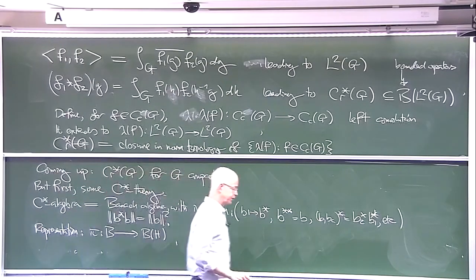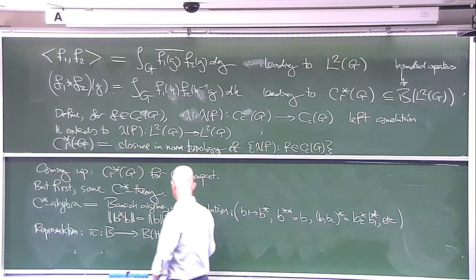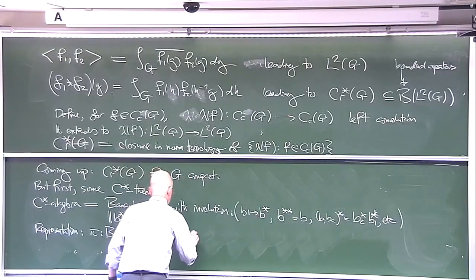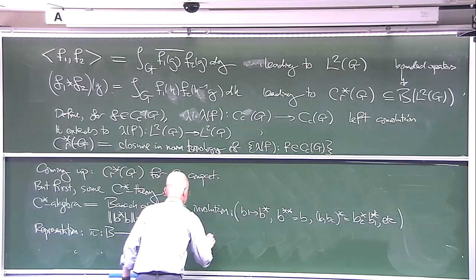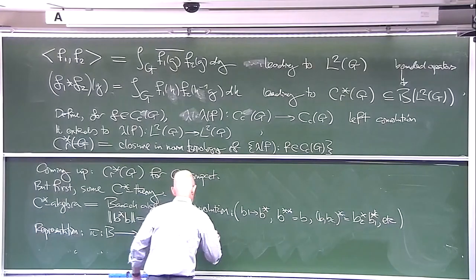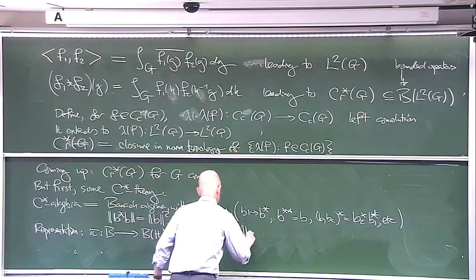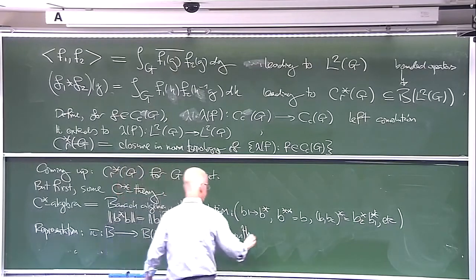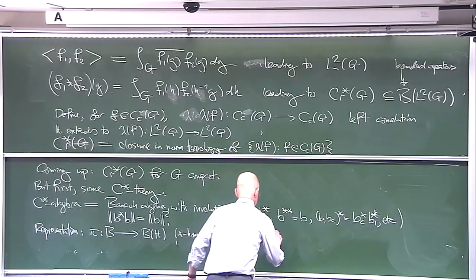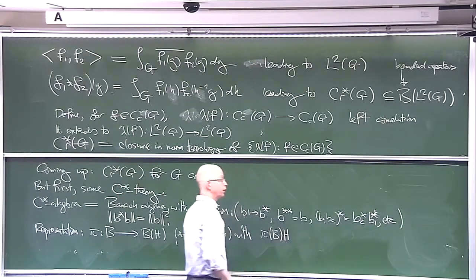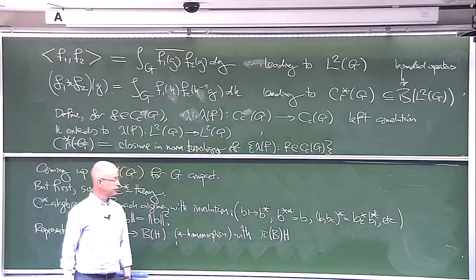A representation of a C-star algebra is just a star homomorphism, an algebra homomorphism which preserves the star operation. And there's only one other condition, which is that the representation should be non-degenerate.